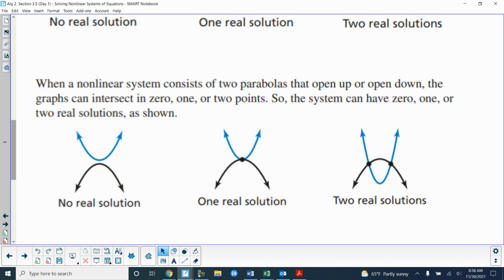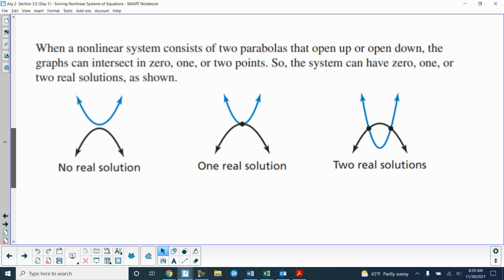Then they can intersect again in 0, 1, or 2 spots, like that. So sometimes they won't touch. Sometimes they'll have the same vertex in common, and sometimes they'll meet in 2 spots. So the same possibilities with a line and a parabola or 2 parabolas. Okay, so that's what you're going to be looking for.